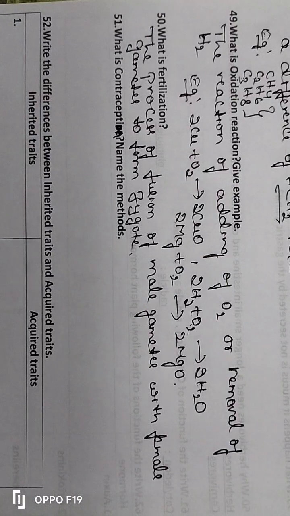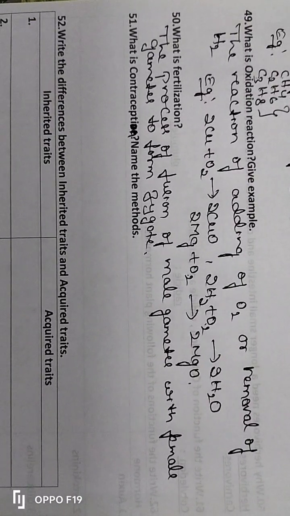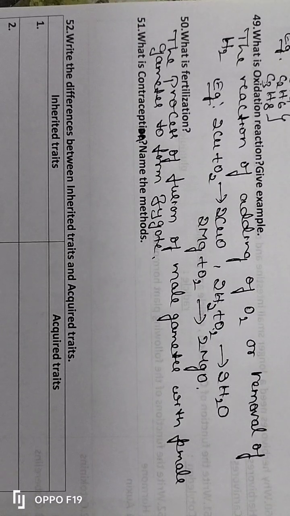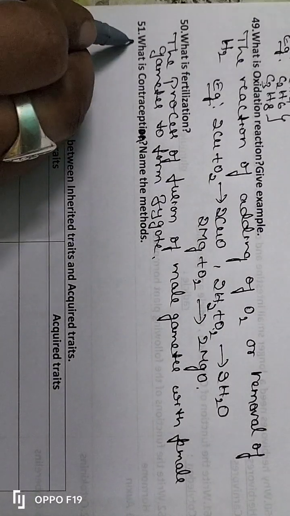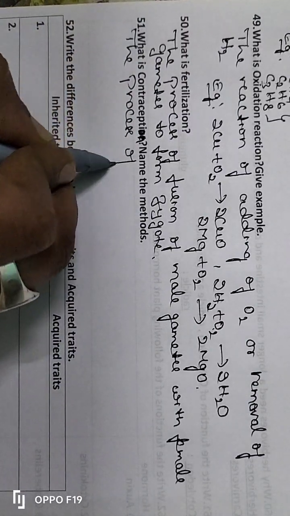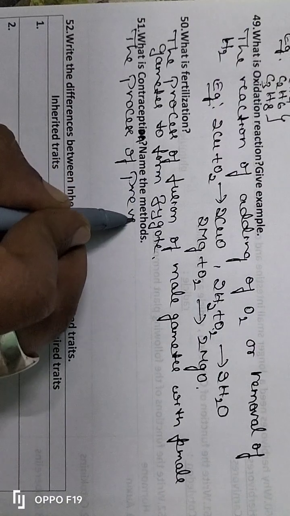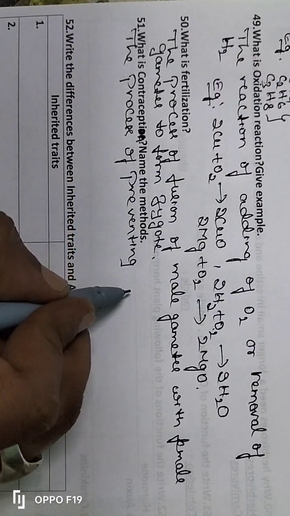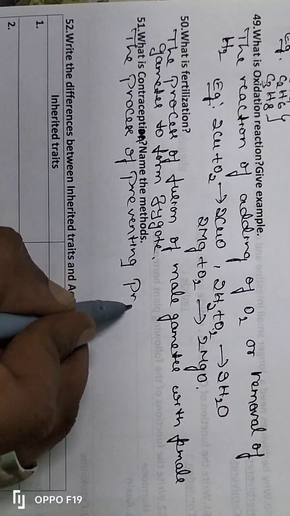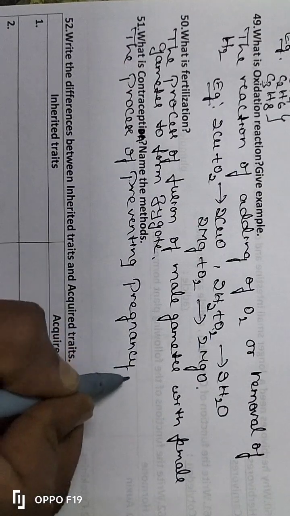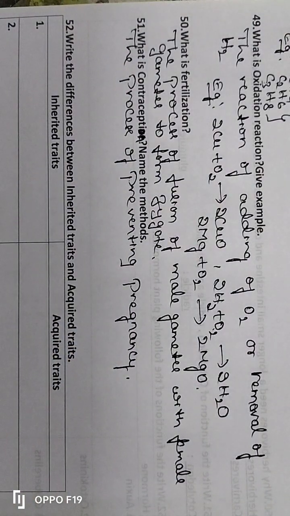Then let us go for the 51st question. What is contraception? Name the methods. So what is meant by contraception? Contraception means the process of preventing pregnancy.